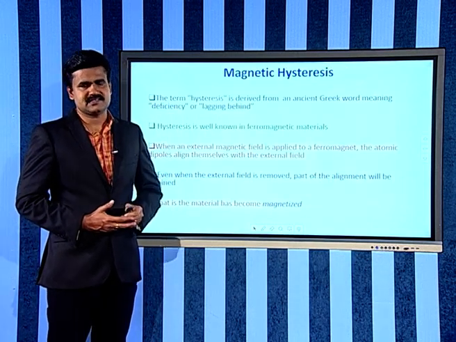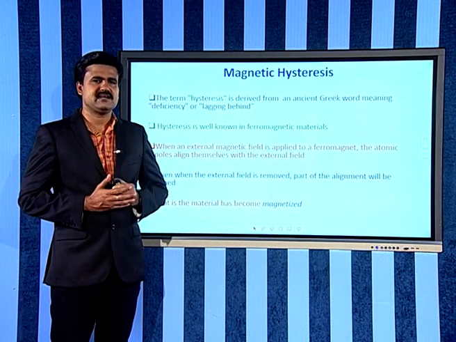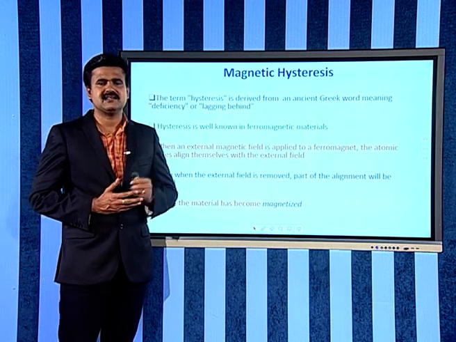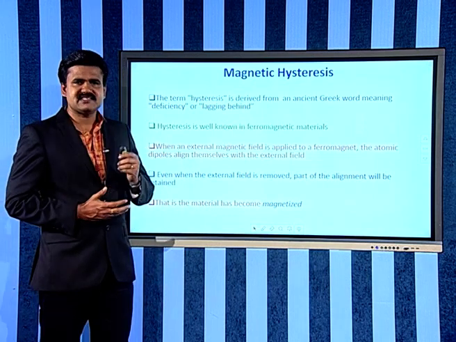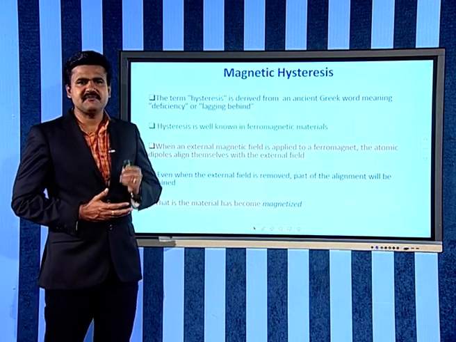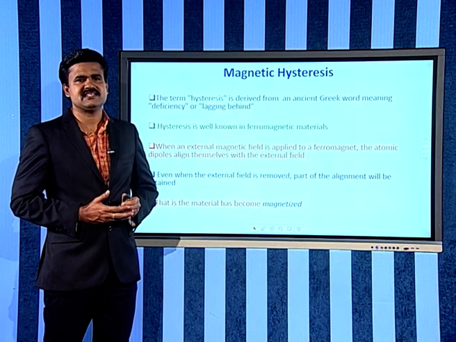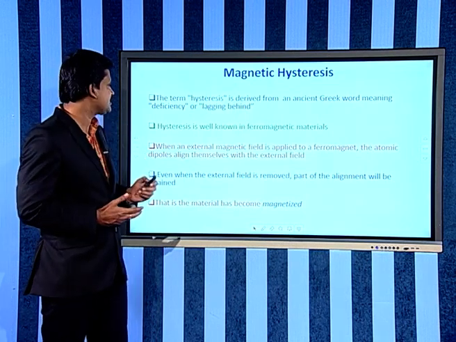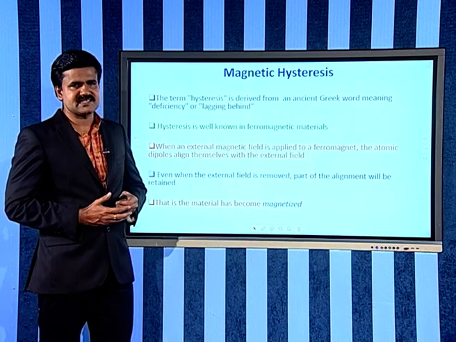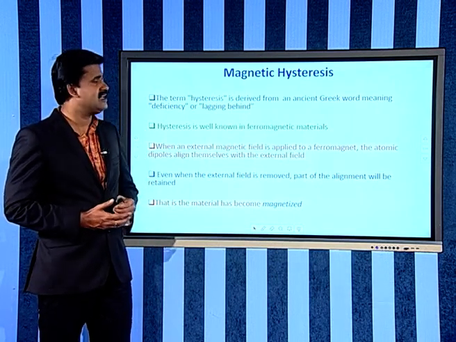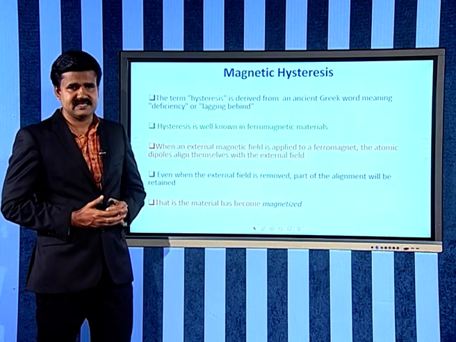Magnetic hysteresis. It is an important concept associated with magnetic materials. The term hysteresis is derived from an ancient Greek word meaning deficiency or lagging behind. Hysteresis is well known in ferromagnetic materials.